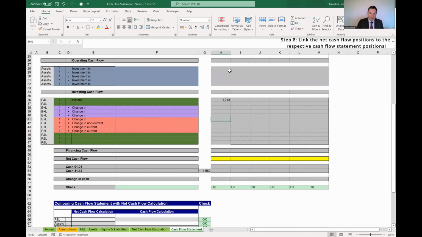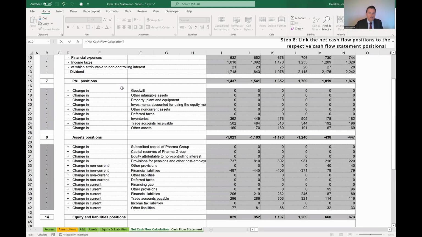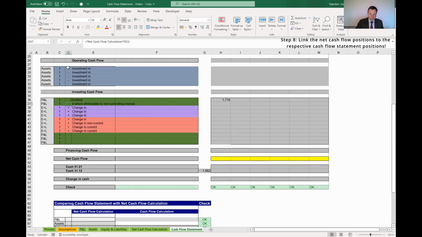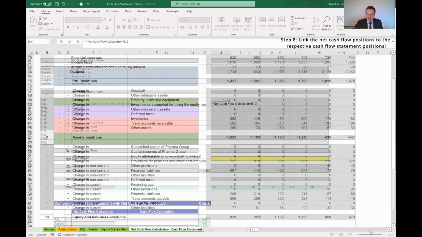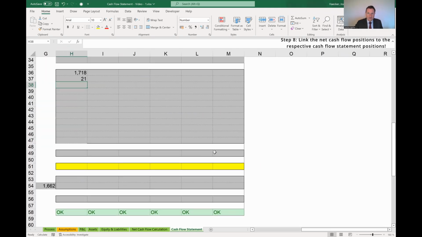Then we are paying the non-controlling interest. Non-controlling interest, which is this one, 21. And I extend a bit so you can see it better.